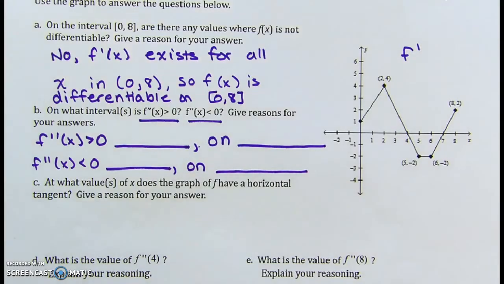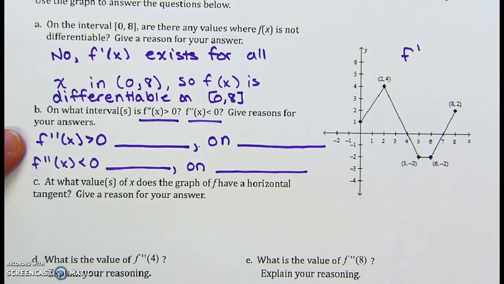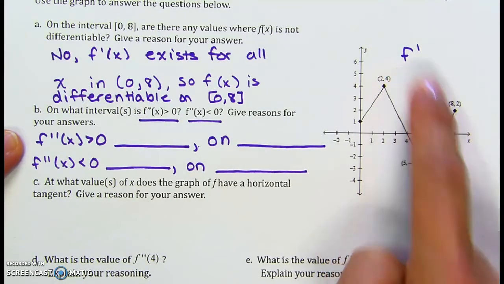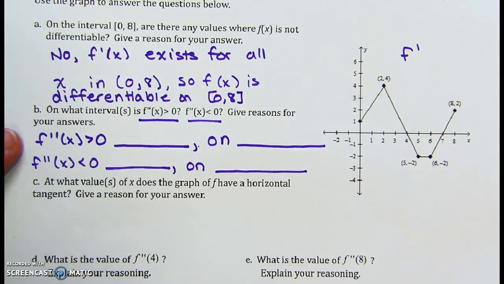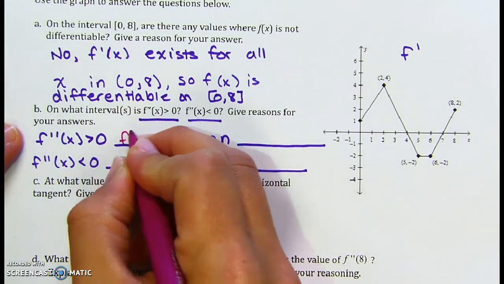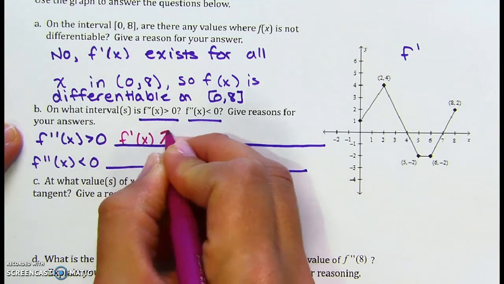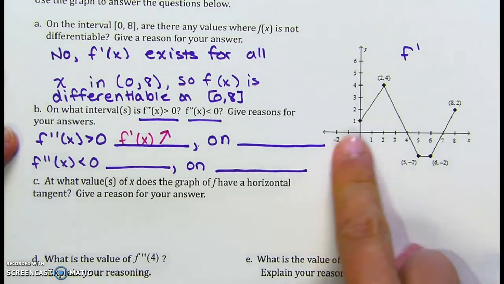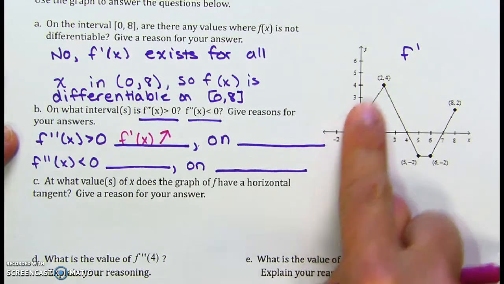Okay, the second derivative will be positive when what is true about f prime? When f prime is increasing, or a positive slope. So where does f prime have a positive slope?